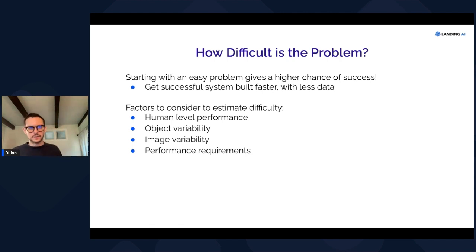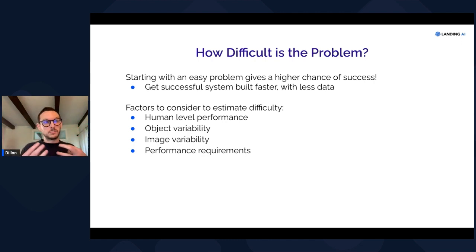Another thing to consider is how difficult the problem is. Oftentimes when given a new project with a customer, especially if the project is pretty hard and this is the first project we're doing, we usually recommend building a simpler, smaller solution first.